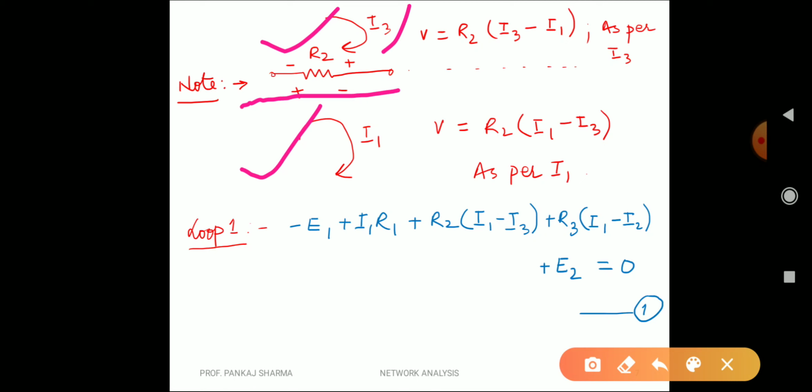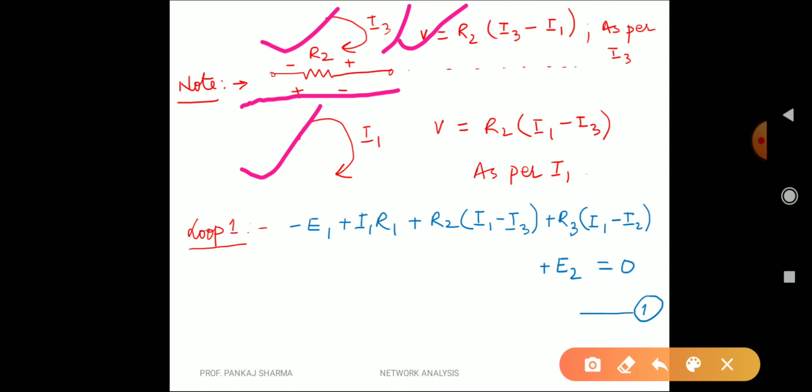At the upper portion of this resistor, the voltage drop across R2 is given as V equals R into I, but there is a combination of current. This resistance has two currents. When you are working in loop number 1, the sign convention of loop number 1 will dominate. Listen very carefully. When you are writing the KVL equation for mesh number 1, the sign convention of mesh number 1 will predominate.